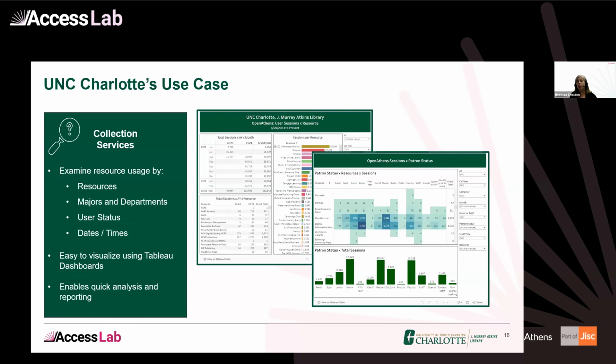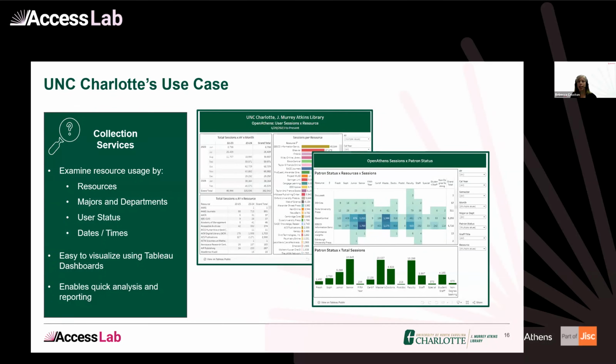So our collection services team is beginning to use this data to better understand how much various resources are being used, when they're used, and a bit of information about who is using them. Things like a student's year in school, or for a person what's a faculty or a staff member, what department affiliation they have, etc. And so we take the data that are pulled from the API and have created some Tableau dashboards.